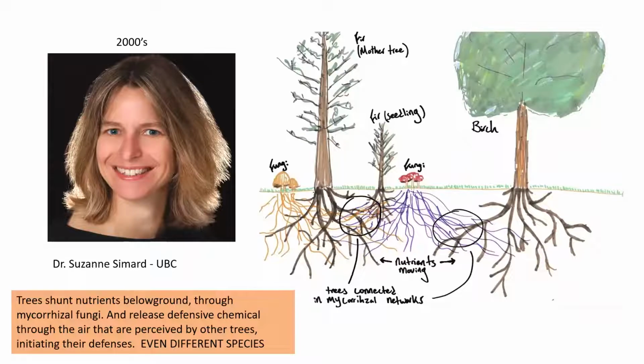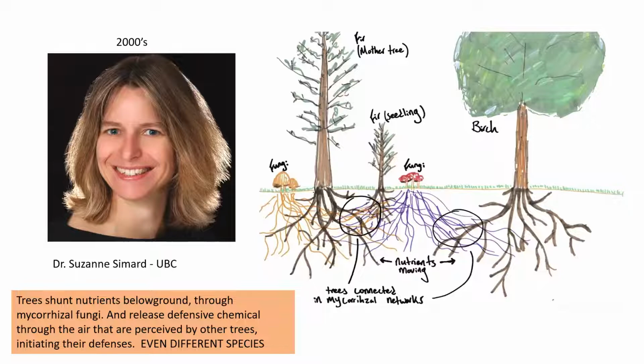Well, let's go to trees. Dr. Suzanne Simard of the University of British Columbia recognized that as a consequence of trees being connected to these underground fungal networks through which they shunt nutrients, they can actually share nutrients from one tree to another that are connected to the same underground fungal system.